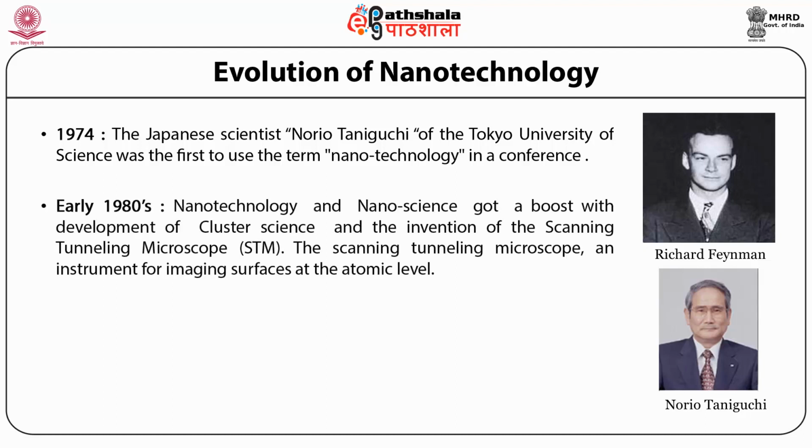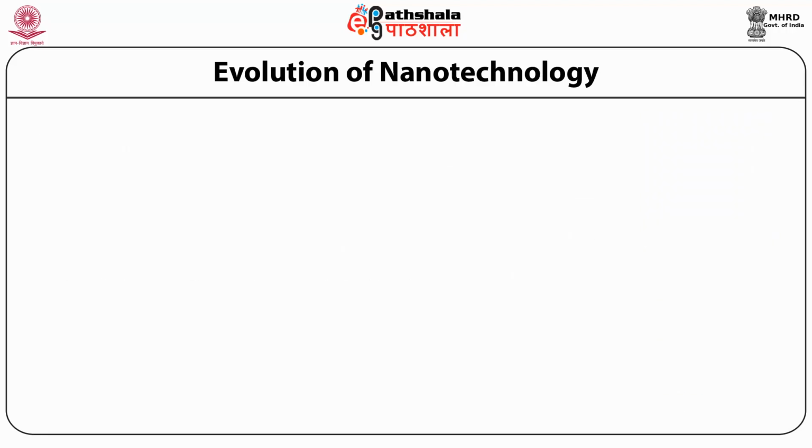Nanotechnology and nanoscience got a boost in the early 1980s with the development of cluster science and the invention of the scanning tunneling microscope, STM. The STM is an instrument which can be used for imaging surfaces at the atomic level. In 1985, the discovery of fullerenes was made.